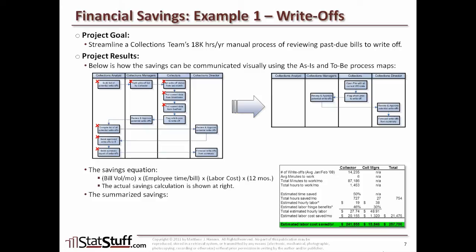To summarize the savings here, by streamlining this entire process, they really didn't reduce any headcount. Since there was no headcount reduction, the $258,000 savings that we saw per year was an indirect tangible type of savings.